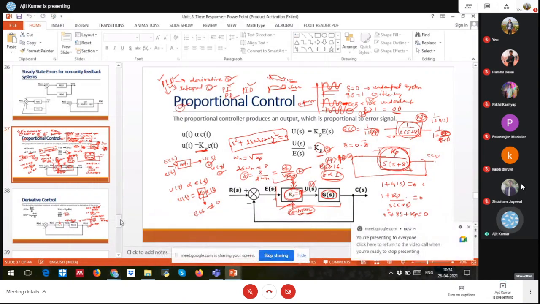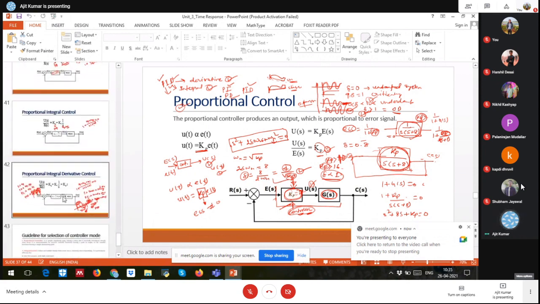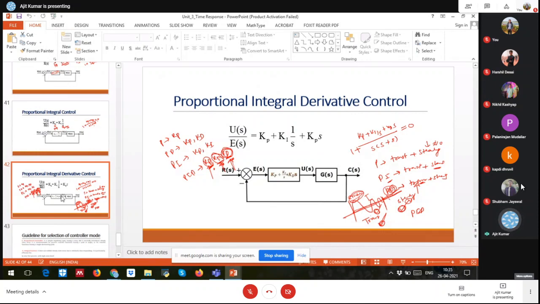As I said, we saw different types of control structure: proportional, derivative, integral, PD, combination of proportional and derivative, PI, combination of proportional and integral, and PID, combination of all these three control schemes: proportional, integral, and derivative. So I was just showing you this is the block for the controller, and for each control structure we have a unique transfer function, and these transfer functions will be appended to the original process.